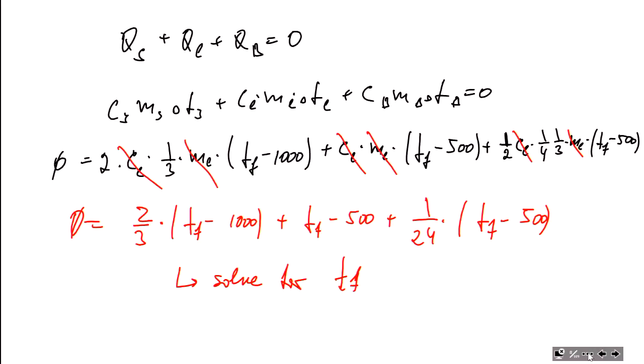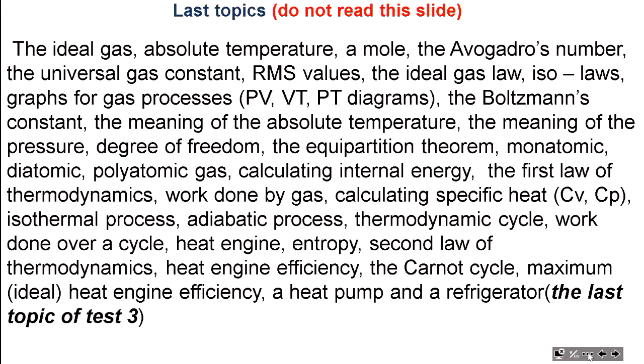And later on, I will add the slide so we could compare the numbers, but I'm going to do it on my own, and you have to do it on your own. And we're done with thermal equilibrium. And now we are moving on to properties of gases. If you have no questions.